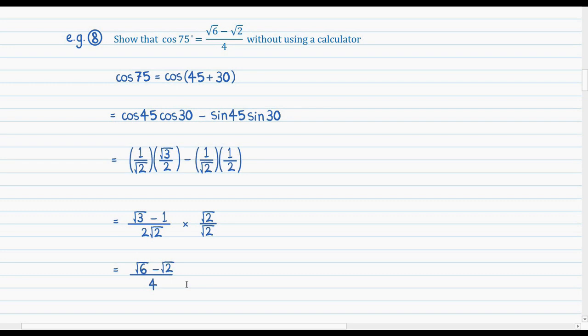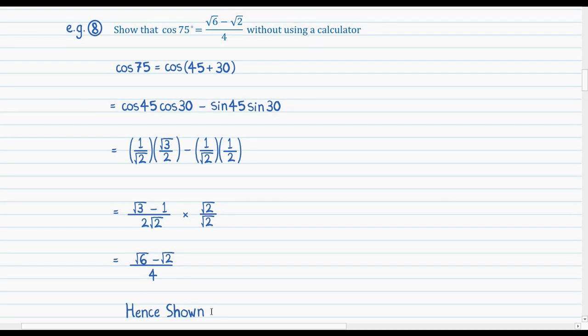And to conclude the question, since it specifically asked us to show something, even though we've arrived at it, it's nice to end it off with just a bit of a flex and just say, hence shown. Just to declare that you have indeed met the requirement of the question.